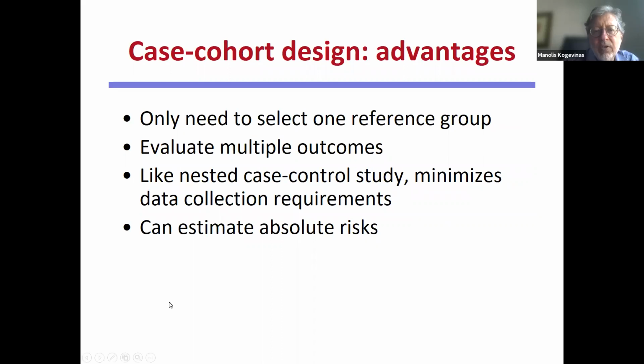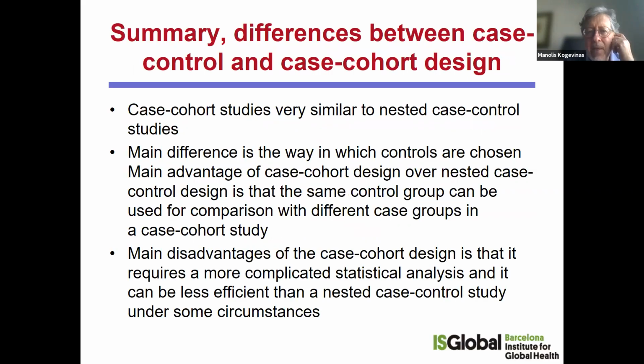The advantage is that you only need to select one reference group, very efficient, and you can evaluate multiple outcomes. And like the nested case control studies, you do analysis with equal power as if you would have done the whole cohort, basically.